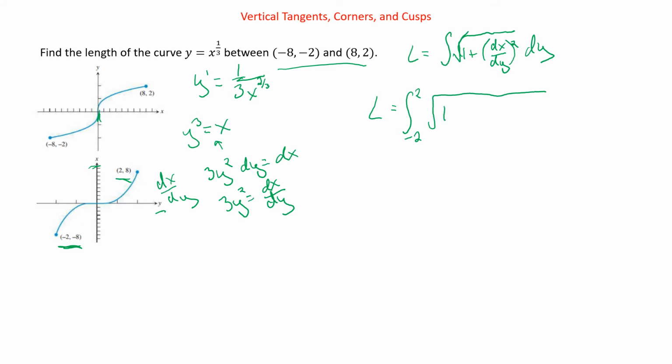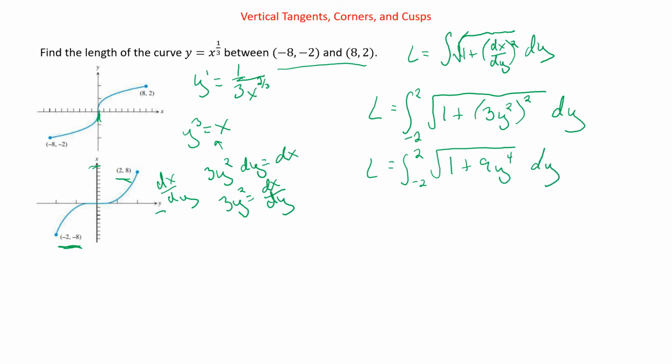Times the square root of 1 plus 3y squared squared dy. And so we can multiply that out. We get 1 plus 9y to the 4th dy.